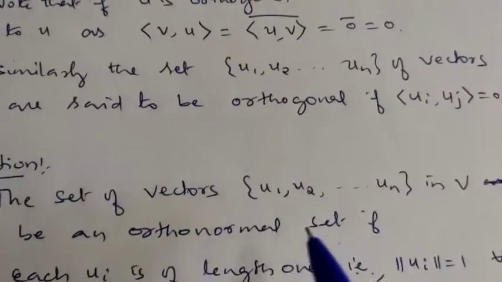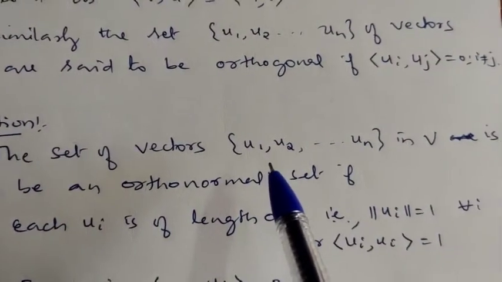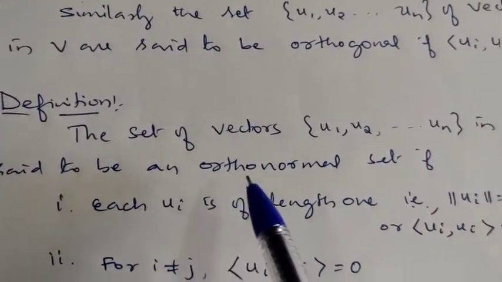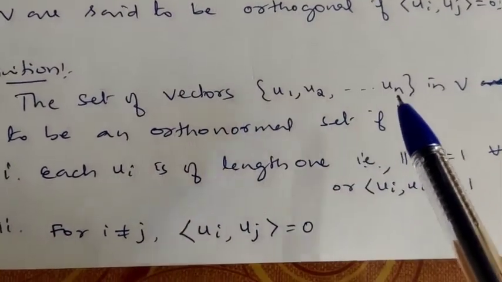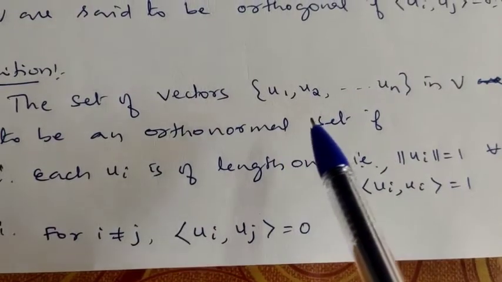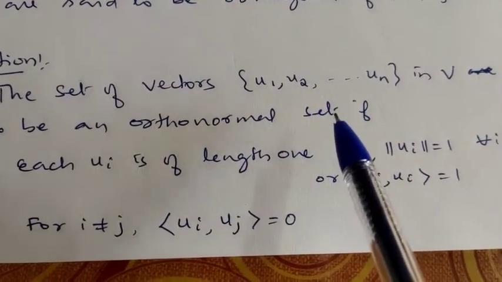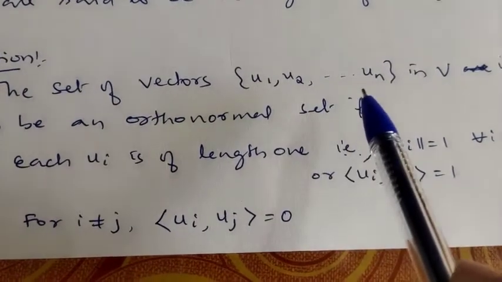Now let's come to this definition. The same set of vectors u1, u2, up to un in an inner product space V is said to be an orthonormal set if each of the vectors in this set has length 1.